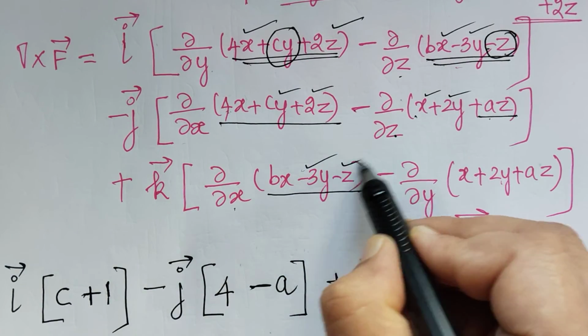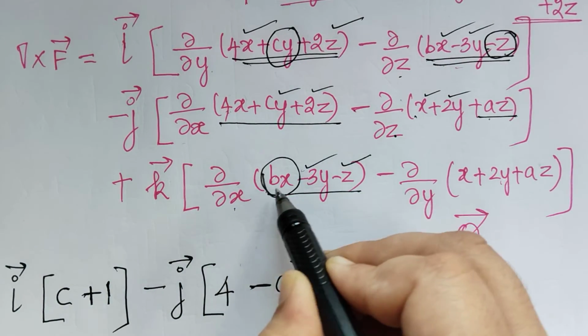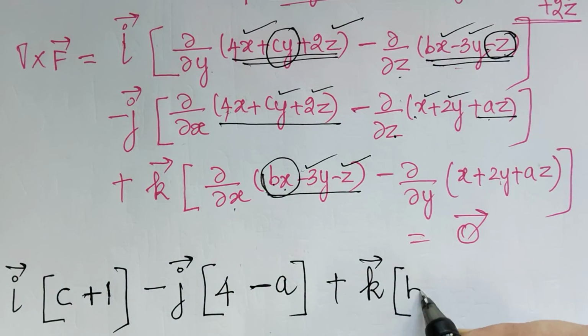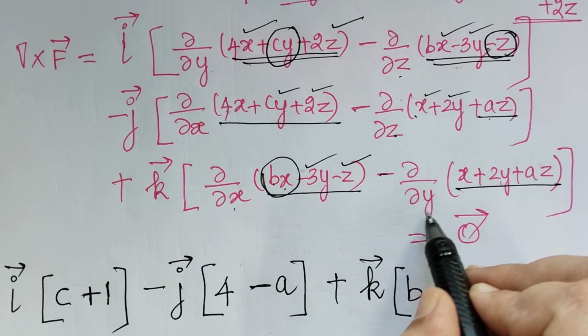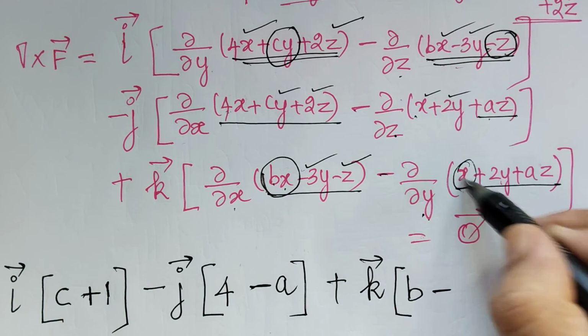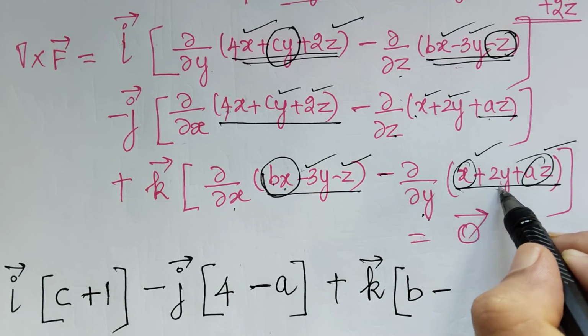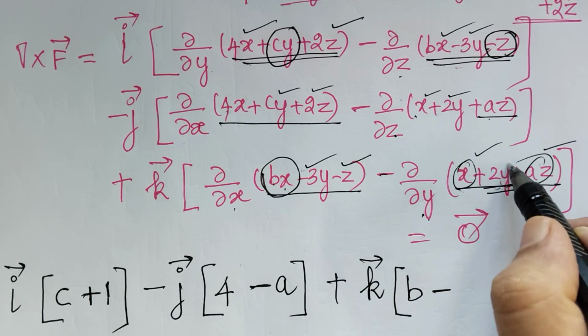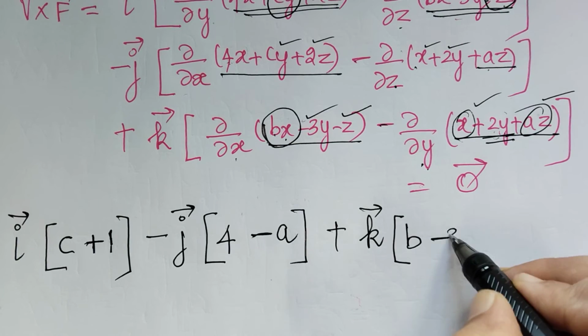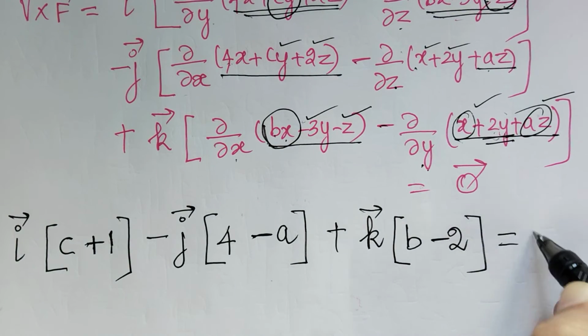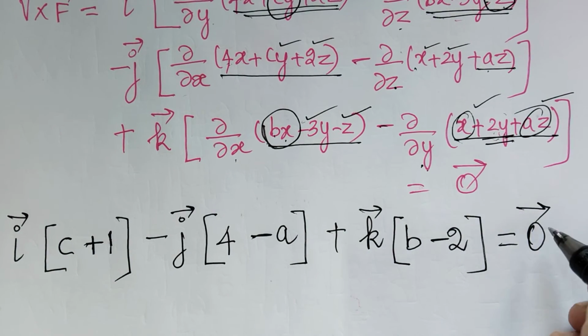So this will be 0, 0. For this alone we have to differentiate, b into 1. So it is b minus, then partial differentiation of this with respect to y. So this and this will be 0, and we will have only 2y. For y it is 1, so 2 into 1, so we will be having b minus 2, and all this is equal to 0 vector.